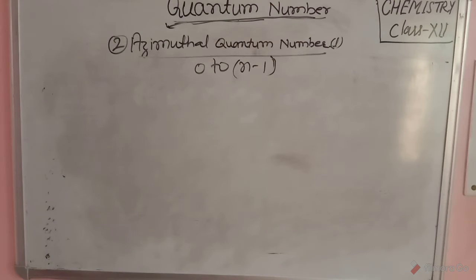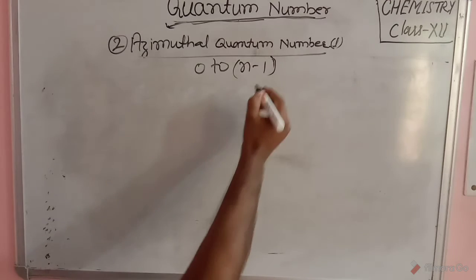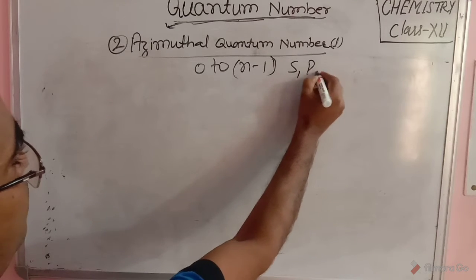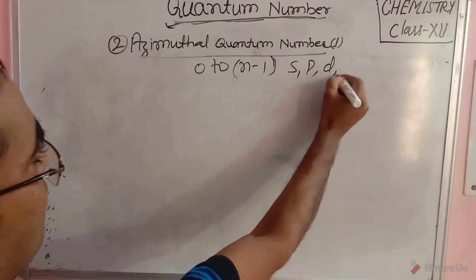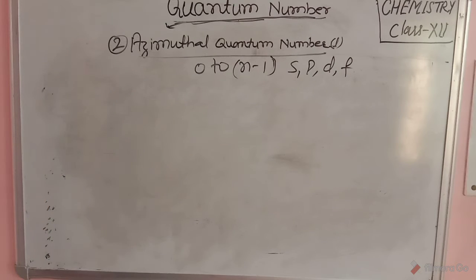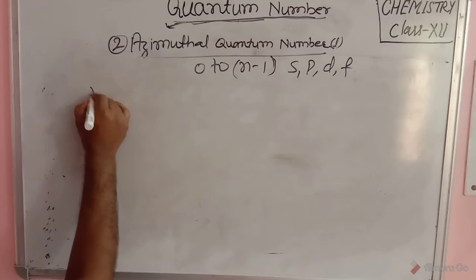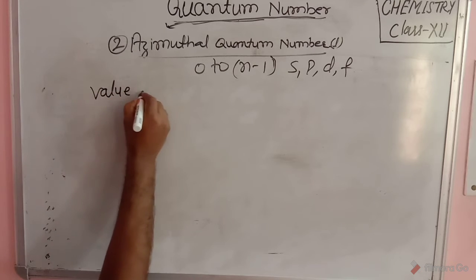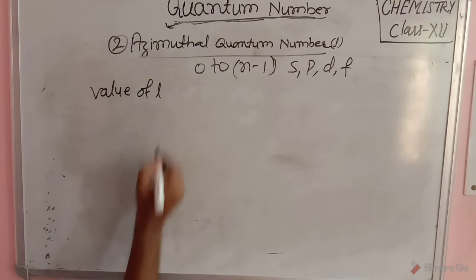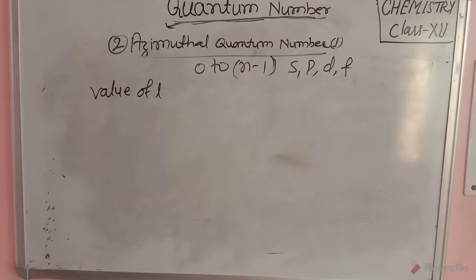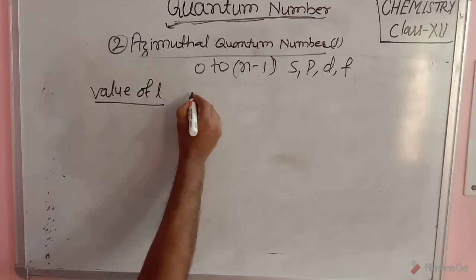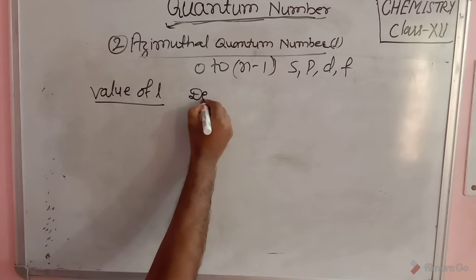The subshells are designated as s, p, d and f. Let us see what is the value of l in the azimuthal quantum number, which is also known as angular momentum quantum number.